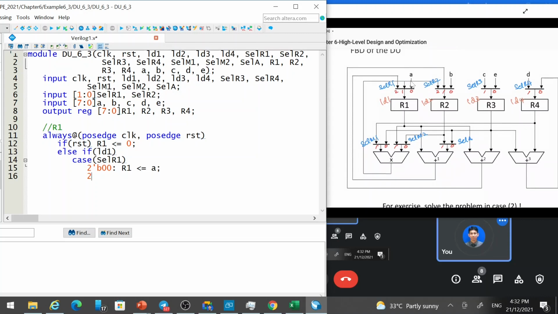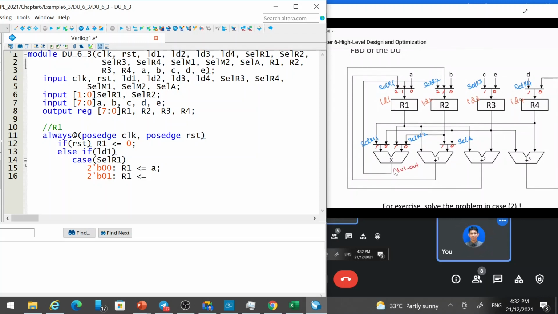Else, if you have 0, 1, R1 is, if 0, 1 must be this line, multiplexer. So the output of this multiplexer, we haven't named it yet. So here, we need to give it a name. So let's say we call it MULOUT, multiplier out.